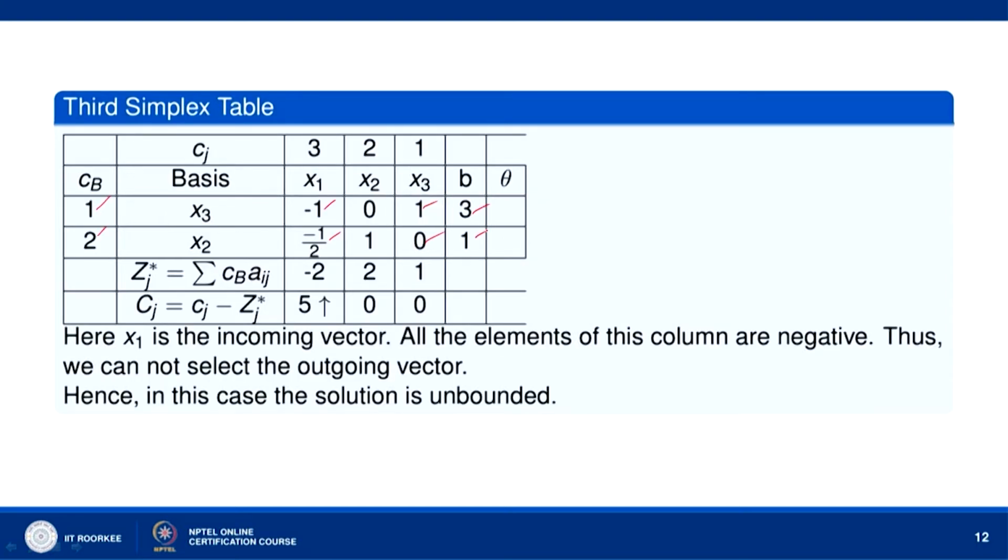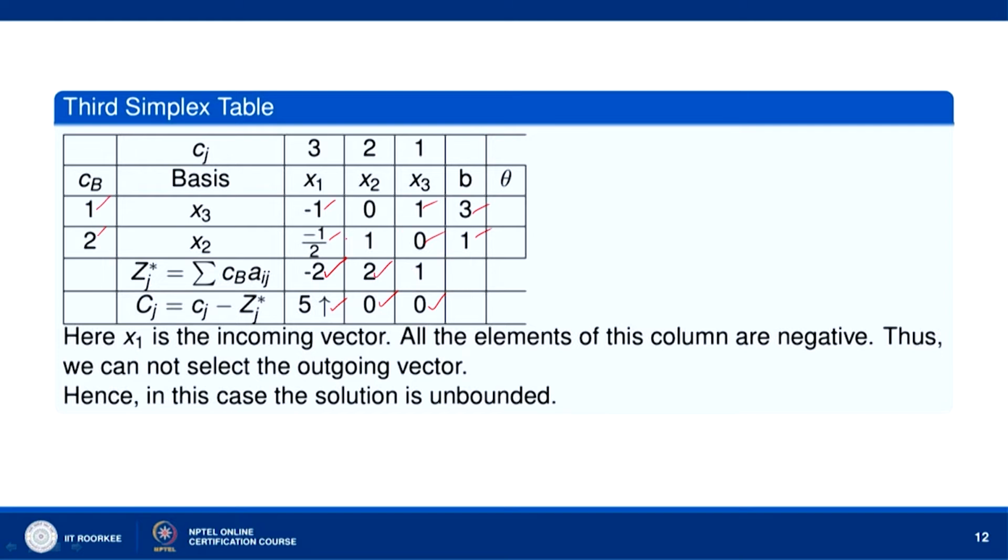Now, let us find ZJ star. So, 1 into minus 1, 2 into minus half, minus 1 minus 1, which is minus 2, okay. 3 minus minus 2 is 5, okay. And here we get 1 into 0 is 0, 2 into 1 is 2, so 2 minus 2 is 0. Then 1 into 1 is 1, 2 into 0 is 0, so 1 we subtract from 1, and we get 0 here, okay. ZJ star is 1, okay.